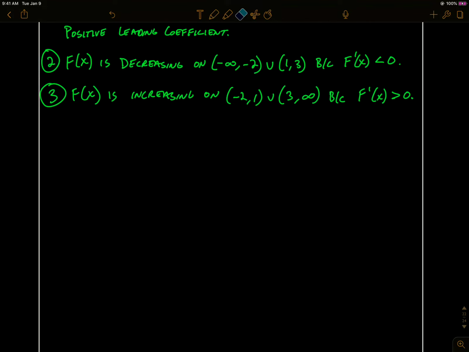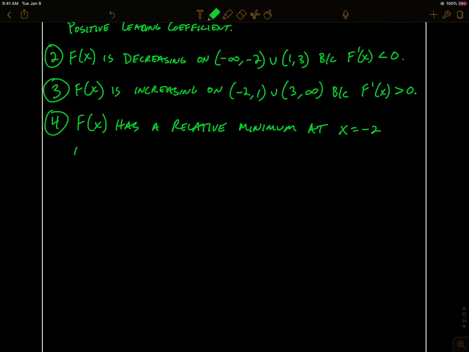Okay, the next thing I know is that f of x has a relative minimum at x equals -2 and x equals 3 because f prime of x changes from negative to positive here.